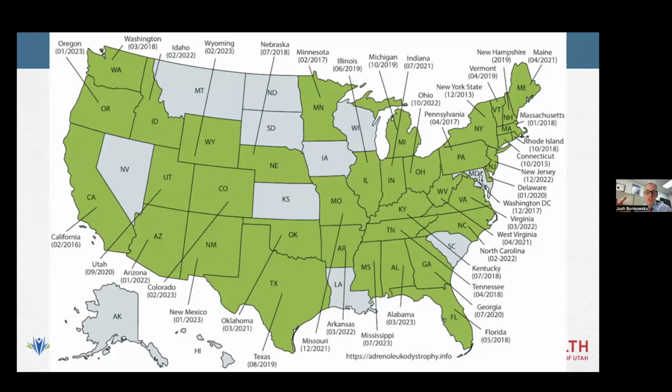The legislature has to approve it, but then we still had to wait for funding, and for the newborn screening lab to implement the testing protocols. So there's still a time lag from acceptance of the idea to actual implementation of the process.